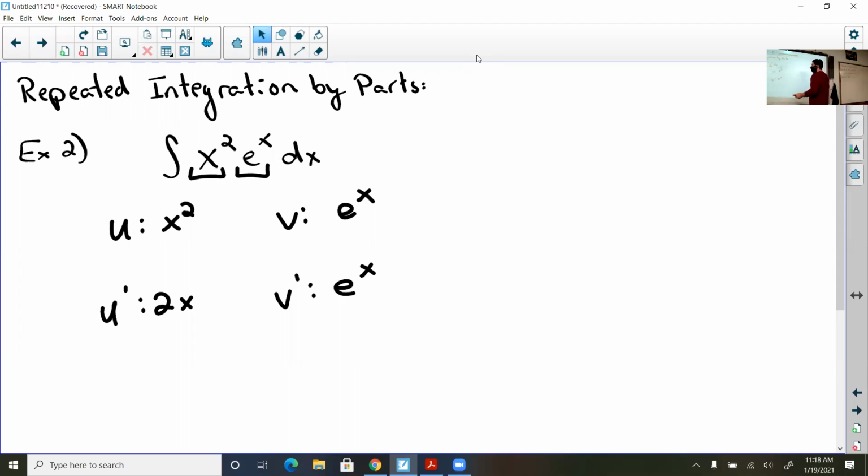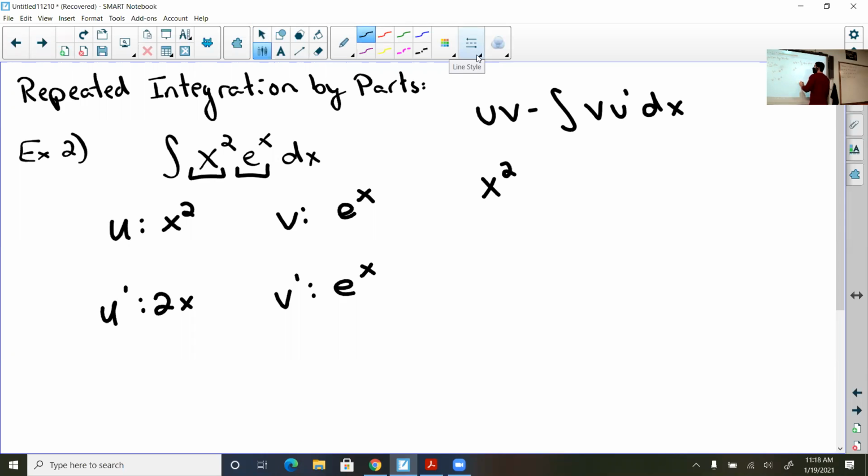And so I'm going to plug it into the formula. Again, uv minus the integral of v u prime dx. So my u value is x squared, my v value is e to the x, minus the integral of e to the x times 2x dx.